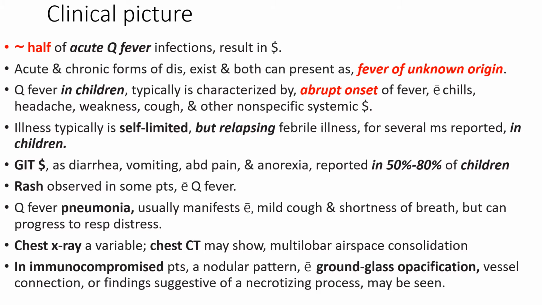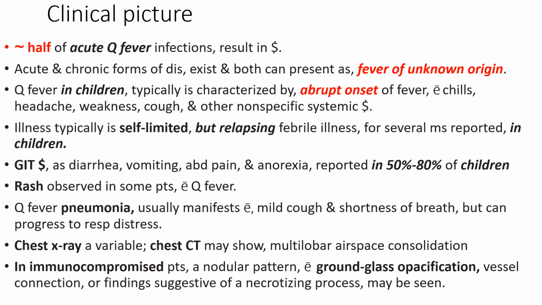Q fever in children typically is characterized by abrupt onset of fever, chills, headache, weakness, cough, and other non-specific systemic symptoms. Illness typically is self-limited, but relapsing febrile illness for several months is reported in children.